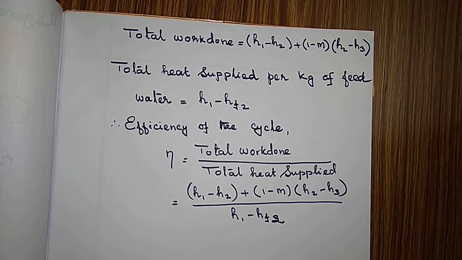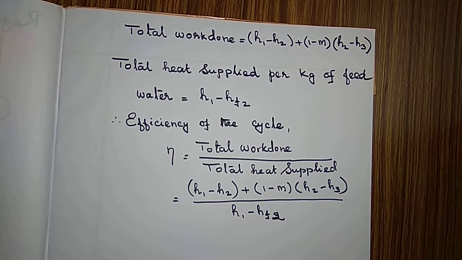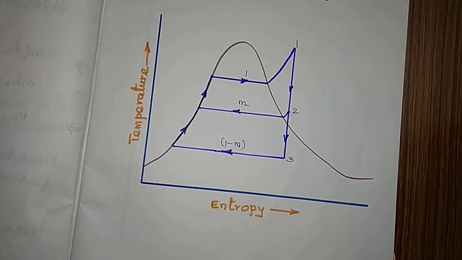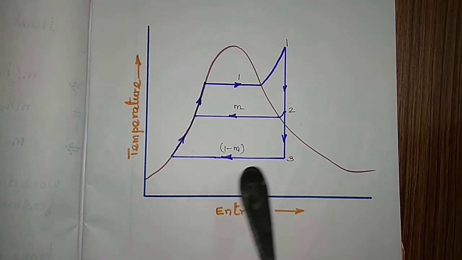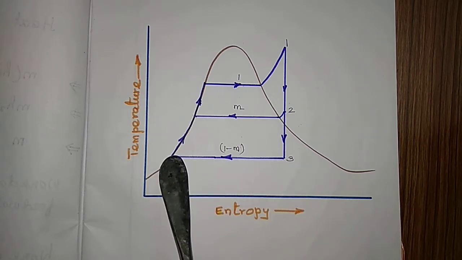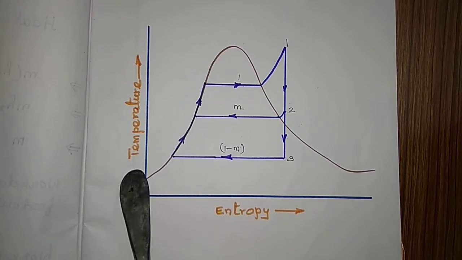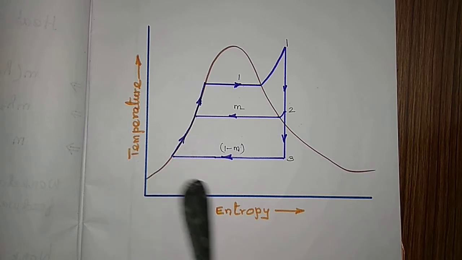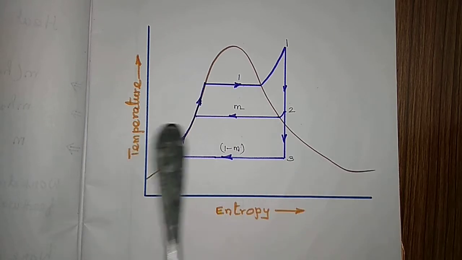In this case, how the temperature entropy diagram is to be drawn, you can see here. This is a temperature entropy diagram. You very well know in a Rankine cycle, the exhaust steam is condensed up to the saturated liquid line. That is what is happening here. This is a saturated liquid line and this is a saturated vapor line.